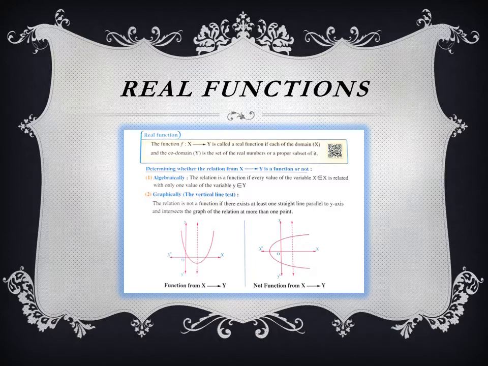And for the right one, it's not a function as the straight line intersected with the graph at 2 points. So if the line intersects the graph at 1 point only, it's a function. But more than that, it's not a function.